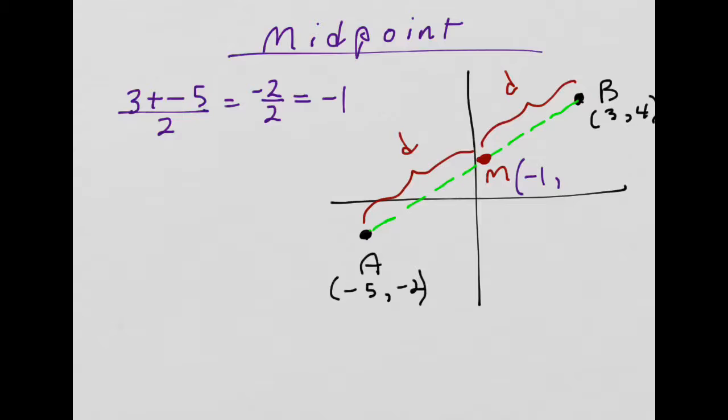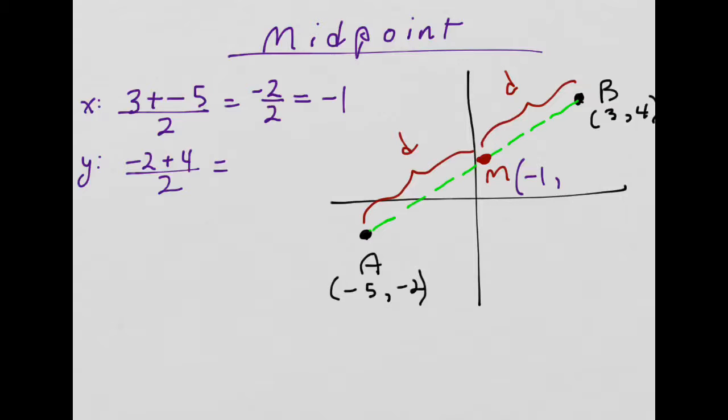All right. Now, if I want to find the y-coordinate, so this is my x-coordinate. If I wanted to find the y-coordinate, I would take the average of the y-coordinates. So I've got -2, and it doesn't really matter what order you do it in. So I can say -2 plus 4 divided by 2.